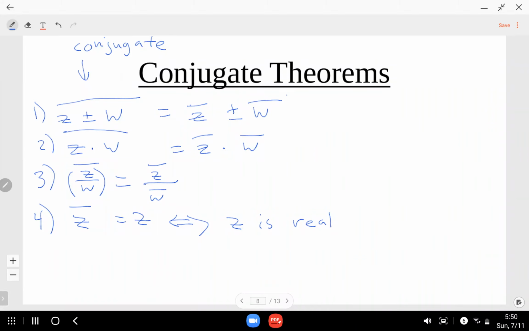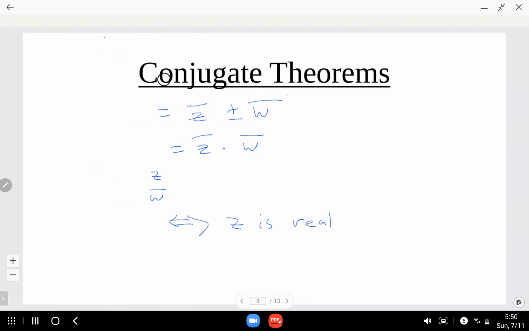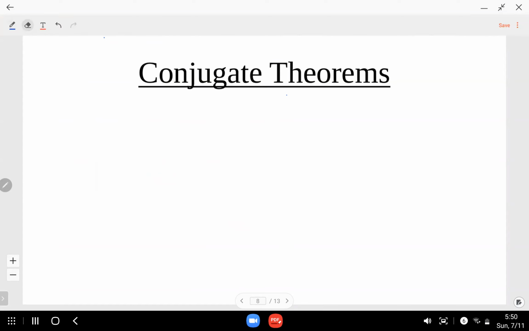How about let's prove the first one, all right? Let's prove the first one. Okay. So basically, the conjugate of z plus or minus w equals the conjugate of a plus bi plus c plus di.